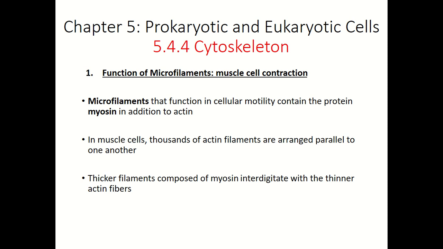Okay, so let's look deeper at the functions of each of the cytoskeleton components. Next is the microfilament. Microfilament is the thinnest component of the cytoskeleton, and it functions in cell motility. In our muscle cells, thousands of actin filaments are arranged parallel to one another because they are very important components for muscle contraction.